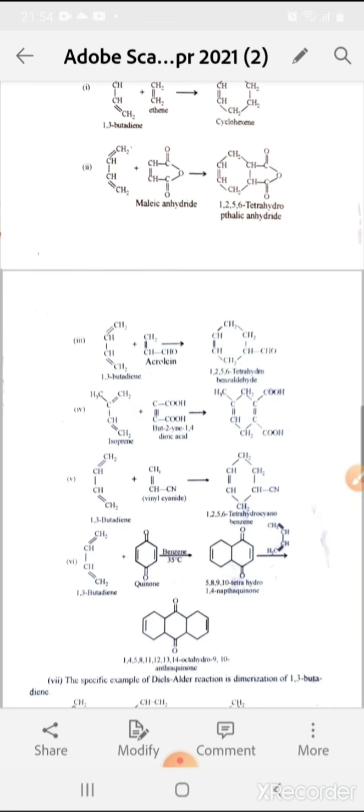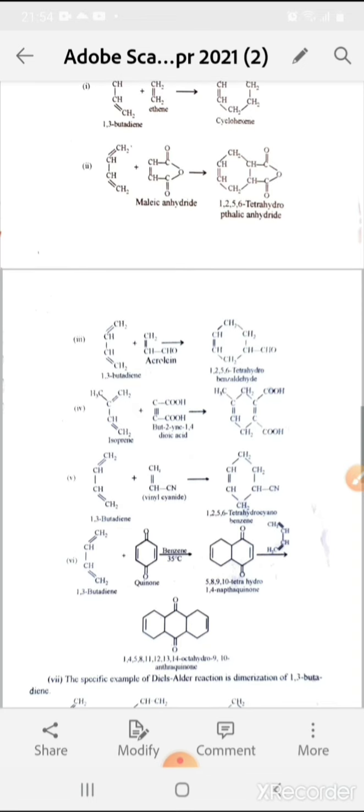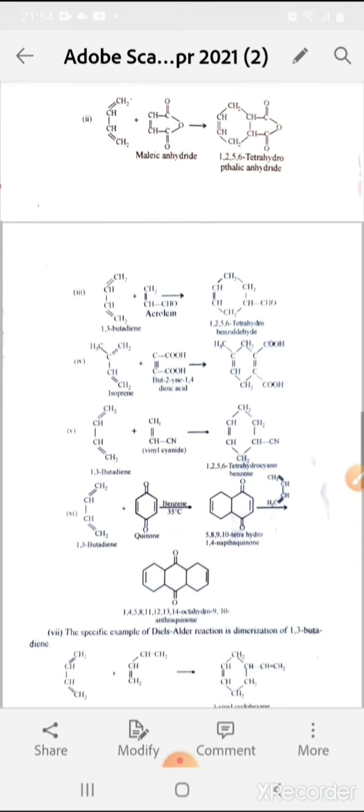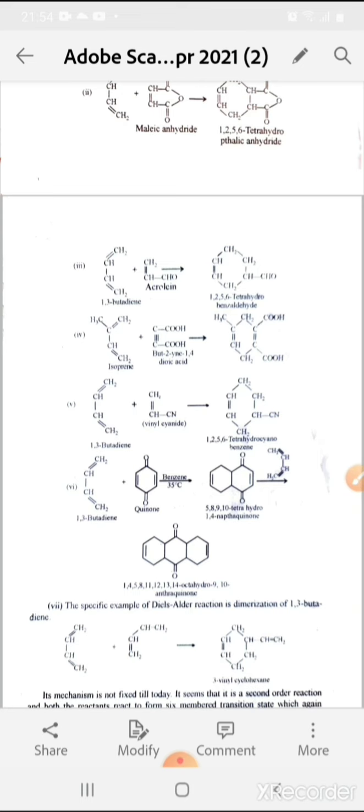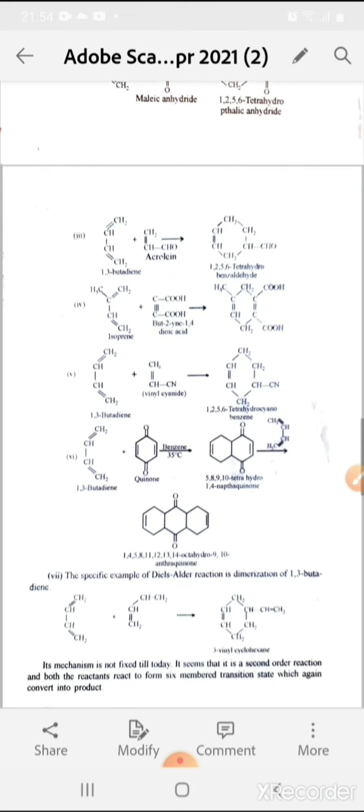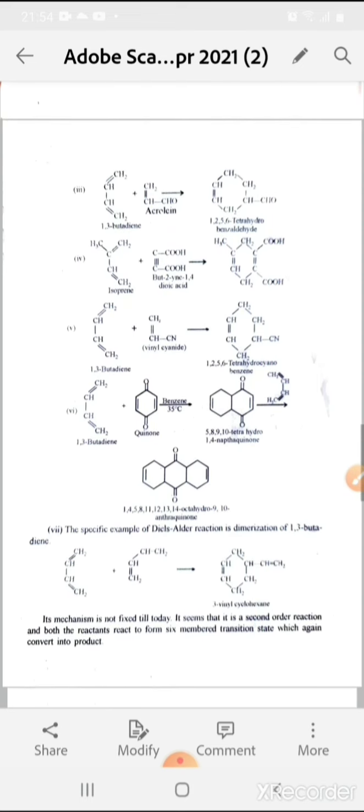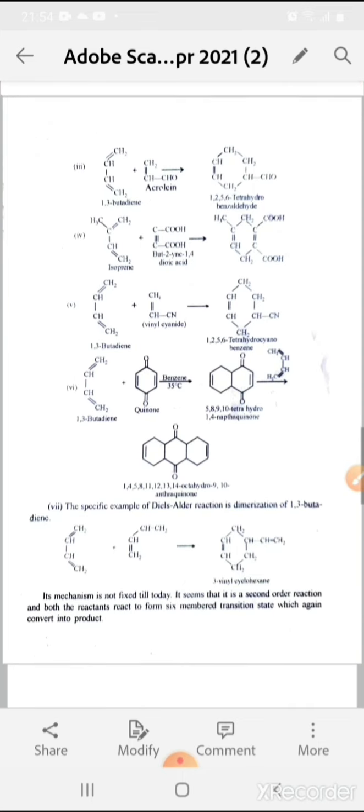In the fourth reaction, isoprene reacts with but-2-yne-1,4-dioic acid to form 4-methyl-1,4-hexadiene dicarboxylic acid. In the fifth reaction, 1,3-butadiene reacts with vinyl cyanide to form 1,2,5,6-tetrahydrocyanobenzene.